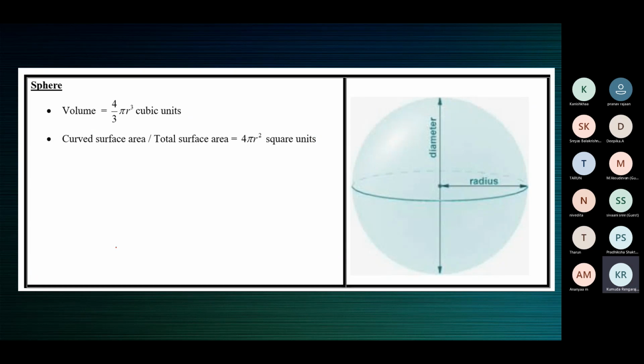D. In terms of R, how will you represent the diameter? 2R. Very good. So the height of the sphere is equal to 2R units.